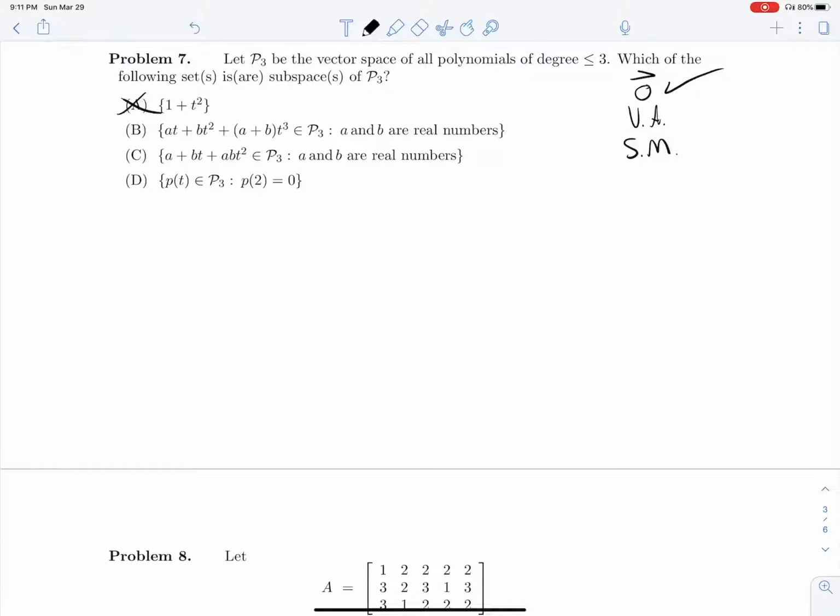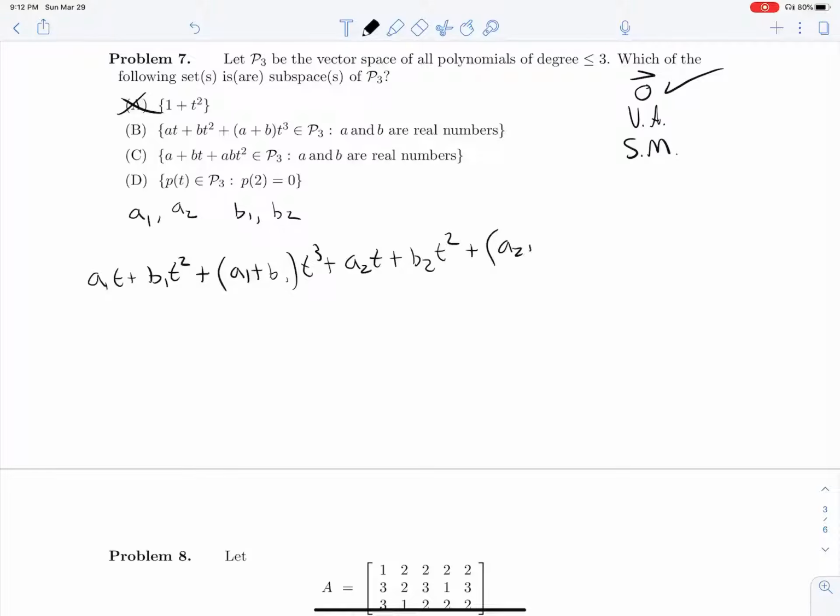So let's choose an arbitrary A1, A2, B1, and B2 that are in this set, and let's check for closure under vector addition. So our first vector will be A1t plus B1t squared plus quantity A1 plus B1 t cubed, and we are adding to that A2t plus B2t squared plus quantity A2 plus B2 t cubed.